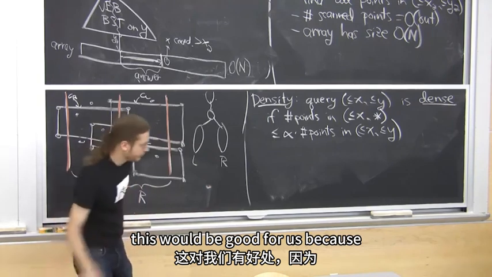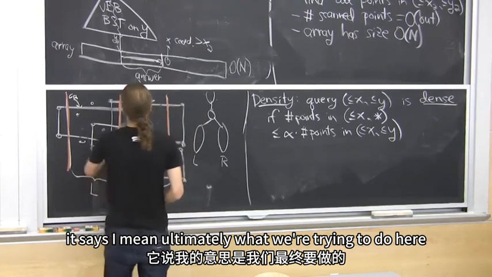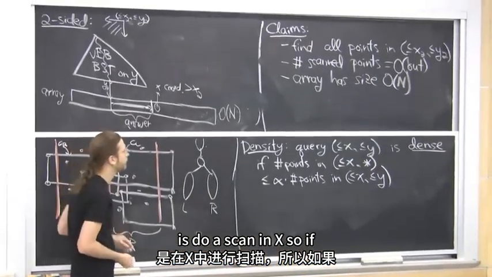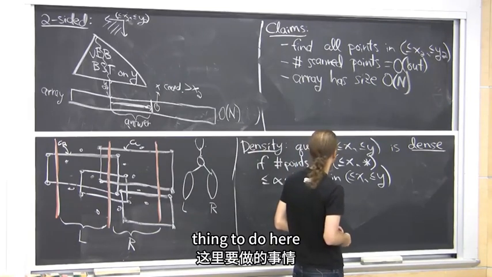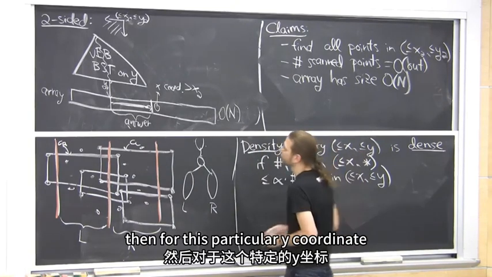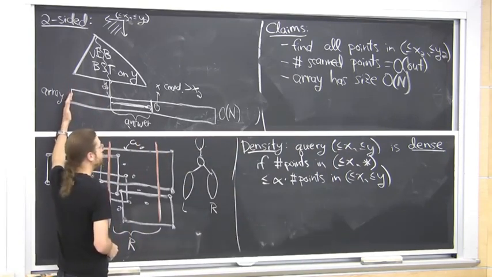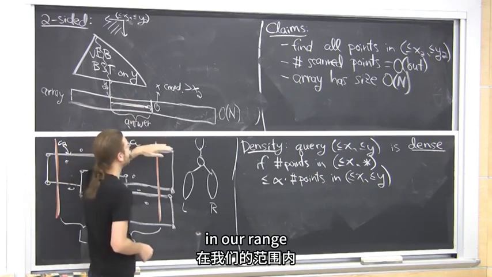This would be good for us because, I mean, ultimately what we're trying to do here is do a scan in x. Then for this particular y coordinate, we could just basically start at the beginning of the array, start scanning, and just report all the points that are actually in our range.